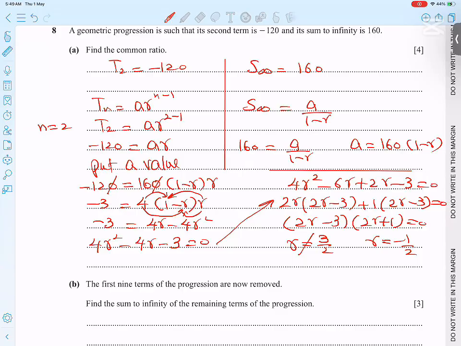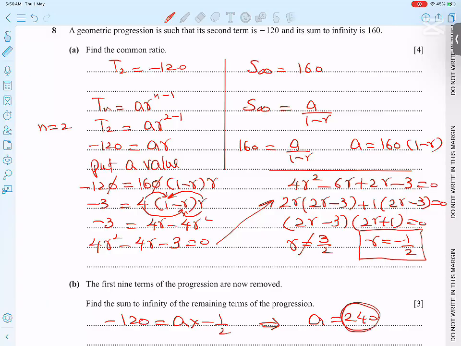Why am I ignoring this one and taking this R value? Because you can see this. What is the first term? If we find it, that will help you understand. If I plug this R value in here, what first term do I get? Negative 120 is equal to A times negative half, so it multiplies there and I get 240.